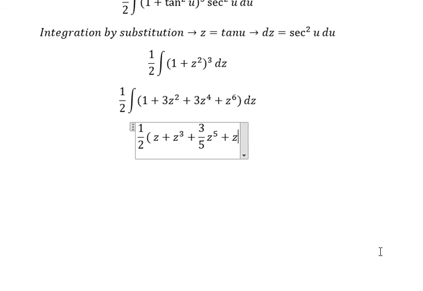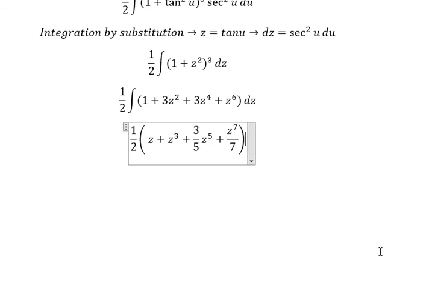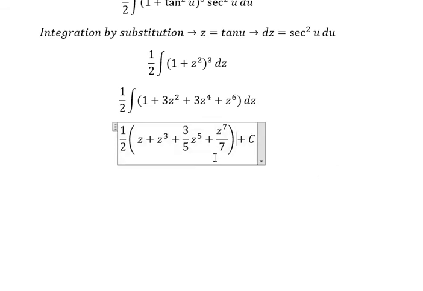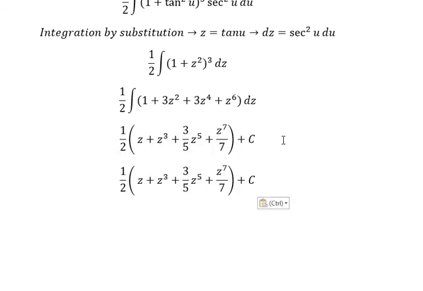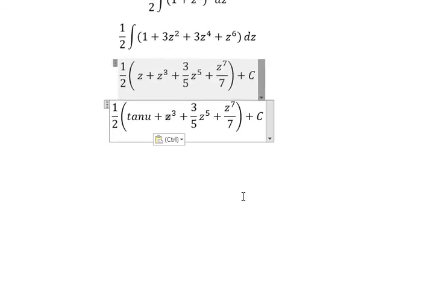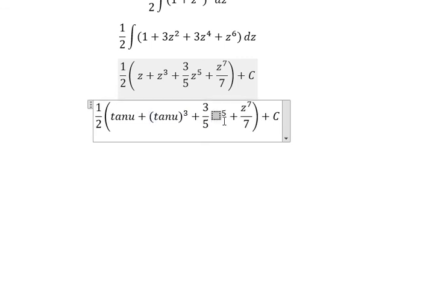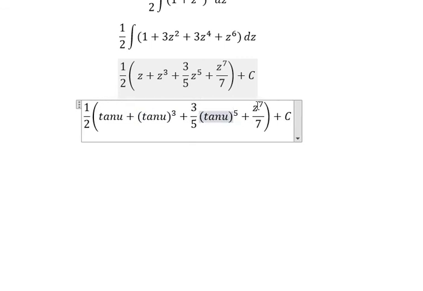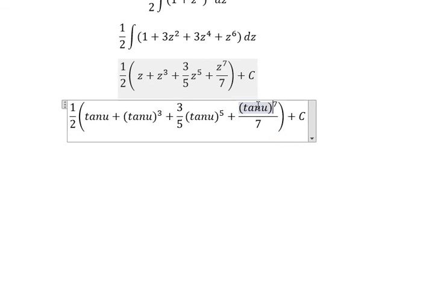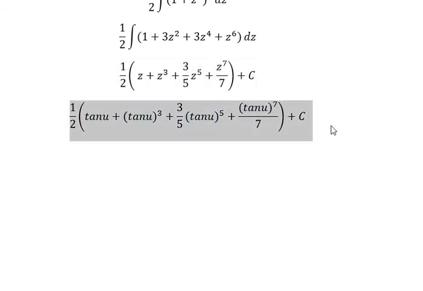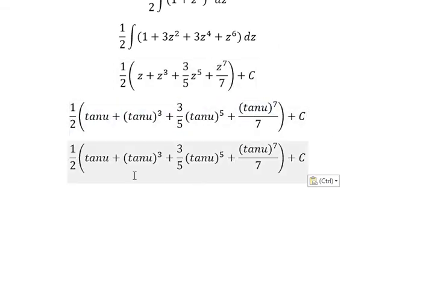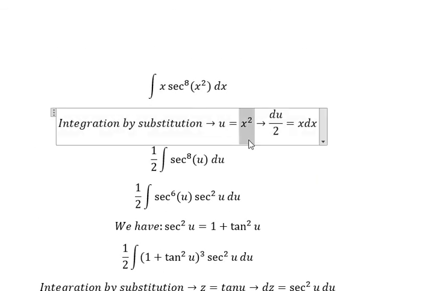And the last one, z, we change back to tan u. And the last one, u, we need to change back to x squared.